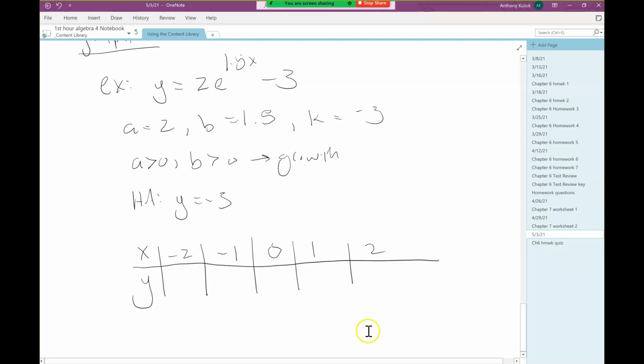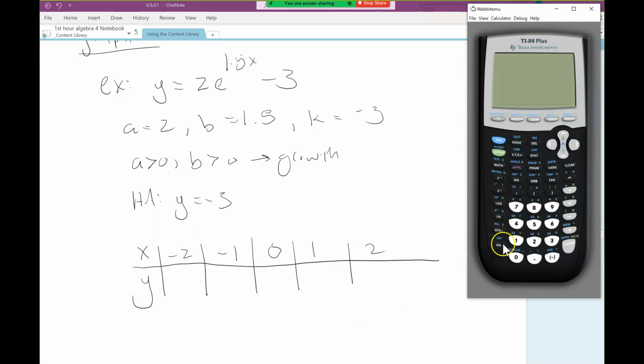To get the y coordinates, I'm just going to plug these into my formula. And I'm going to get some kooky numbers whenever I do this, just FYI. But that's okay, that's just what we get when we graph with e. So negative 2.9-ish, and then negative 2.6-ish.